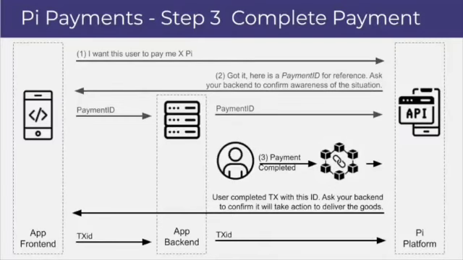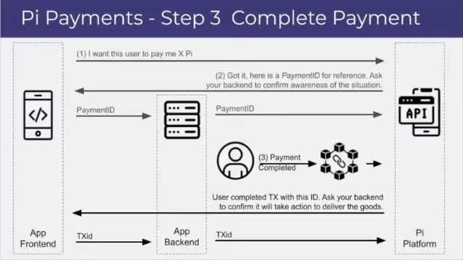The transaction gets sent to the blockchain, which is the first arrow starting from the person's face icon on the slide. There is some interaction that is hidden under the hood between the Pi platform and the blockchain in order to pick up this transaction and know that it is linked with a given payment ID.